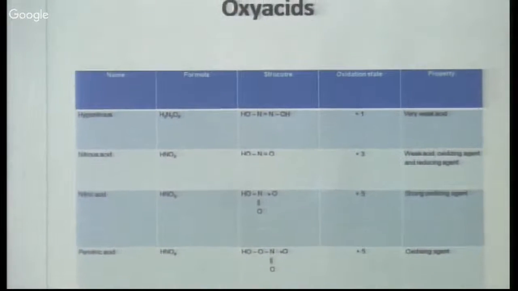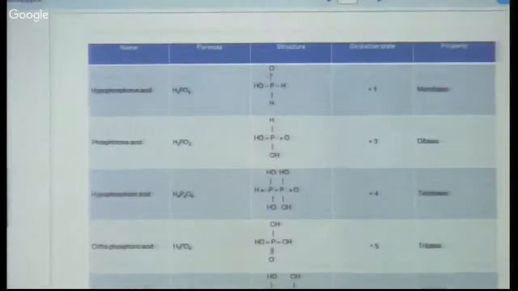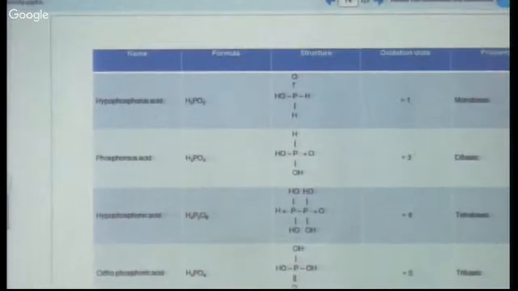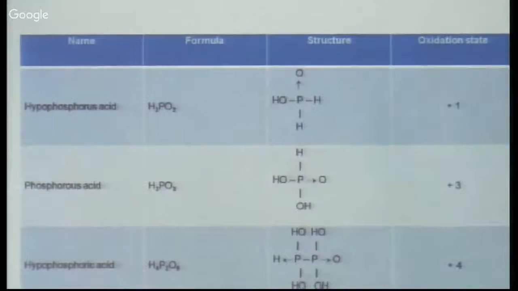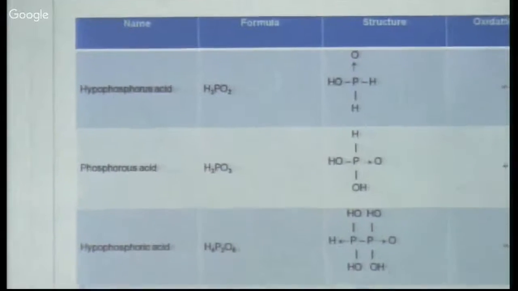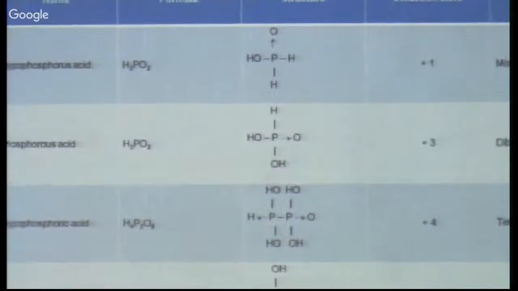सिर्फ नाइट्रस के ही नहीं, फॉस्फोरस के भी है ना. नेक्स्ट स्लाइड फॉस्फोरस का है, जिसमें फॉस्फोरस के स्ट्रक्चर्स हैं. There are 6 or 7 most important acidic structures of phosphorus. First is hypophosphoric acid, H3PO2.